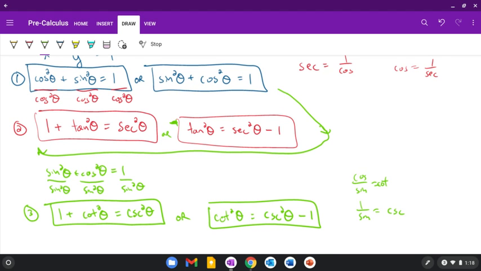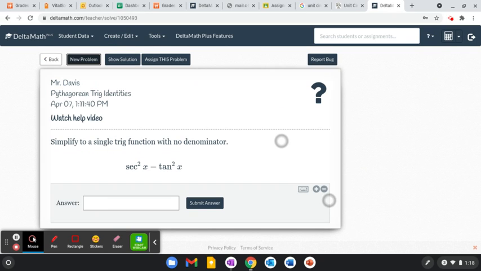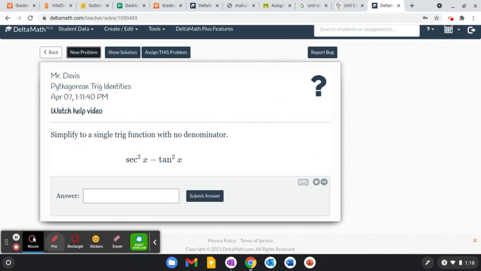Tangent squared theta equals secant squared theta minus 1. So I'm just going to replace this with secant squared theta minus 1, because that's what it says it equals. So we got secant squared x, and they use x, so you can use x or theta interchangeably, it doesn't matter.